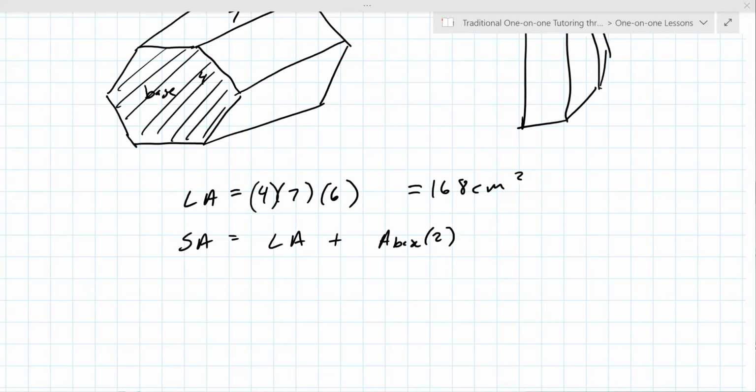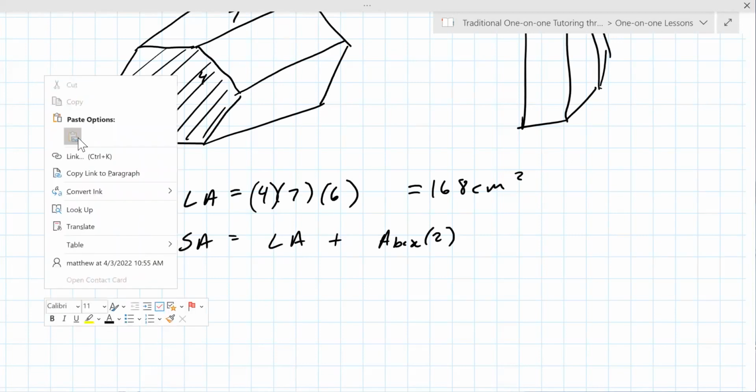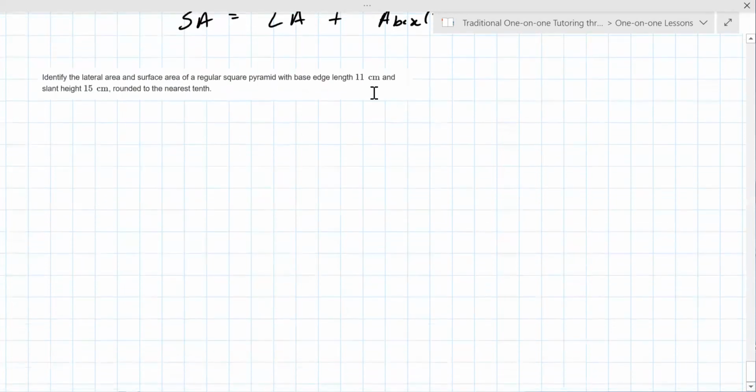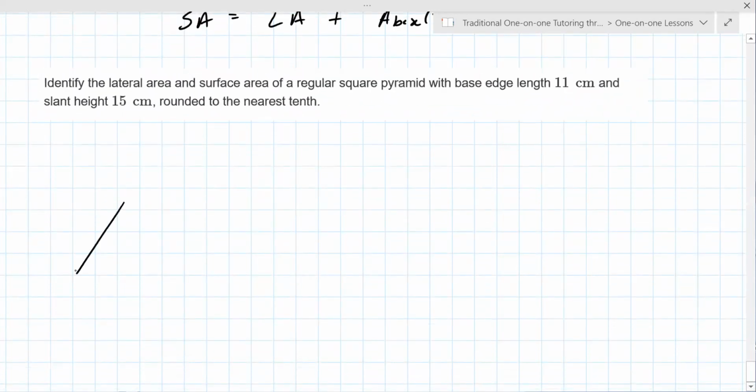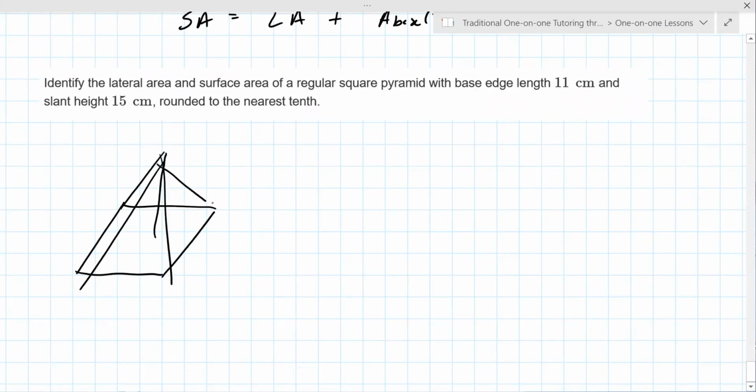So now the next problem here is a square pyramid. And again, we might have to draw a couple of views here. So for the square pyramid, it goes up. It's got 4 triangles, and so for the lateral area, it's these 4 triangles, and it says it has a base edge of 11 and a slant height of 15.